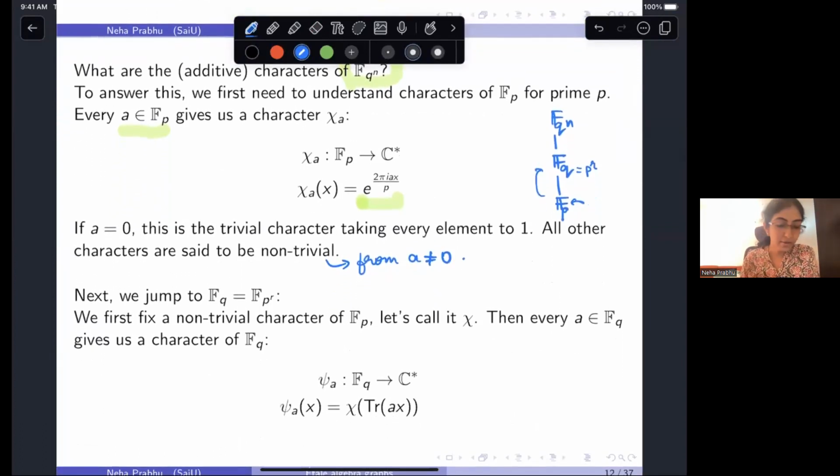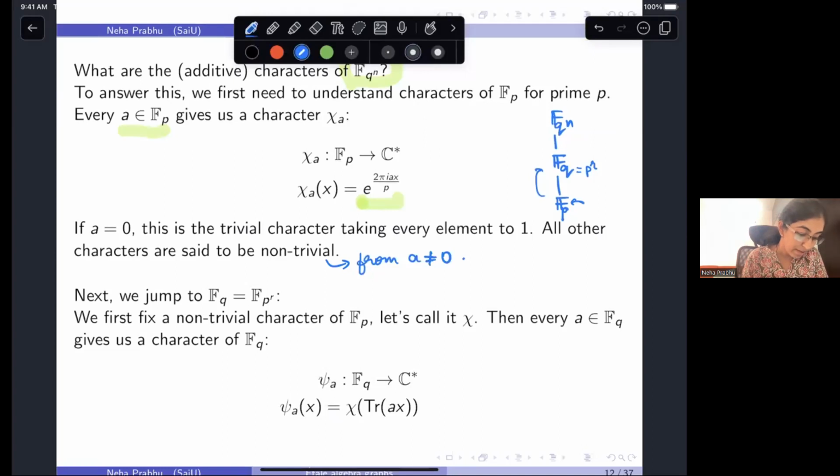So now you fix a non-trivial character. We have p minus 1 choices, and it won't really matter in the end. But for purposes of when you write things down, to make things consistent, we fix one, and we don't lose any generality in doing that.